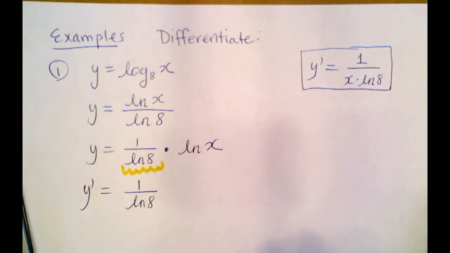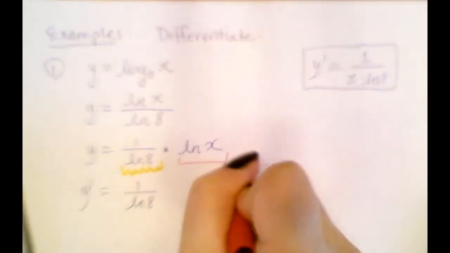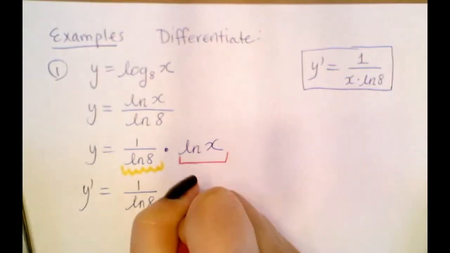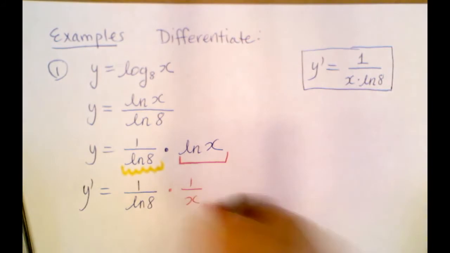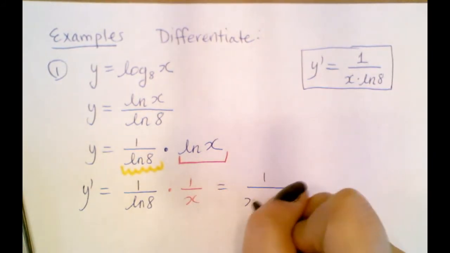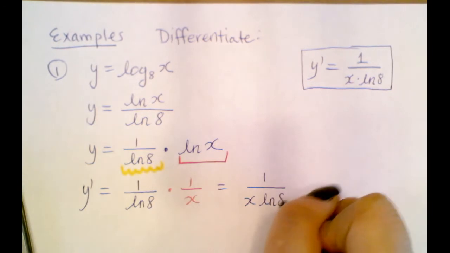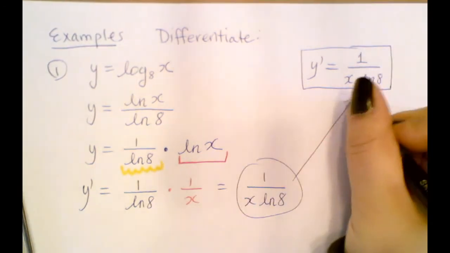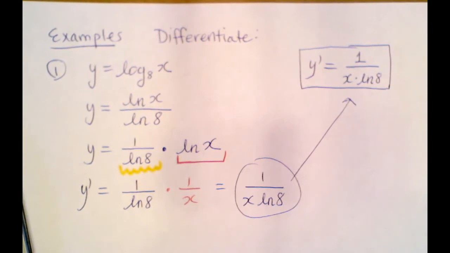But you know the derivative of natural log of x is what? 1 over x. So if I put these two together, I will get 1 over x times natural log of 8. And that is that answer right there. So up to you. I like just doing it the longer way. Let's try two more simple ones.